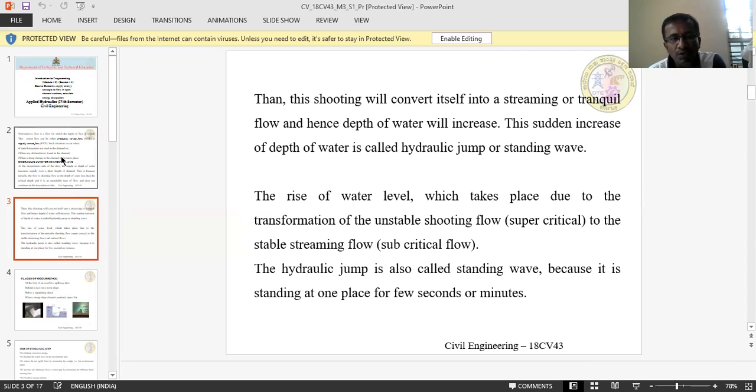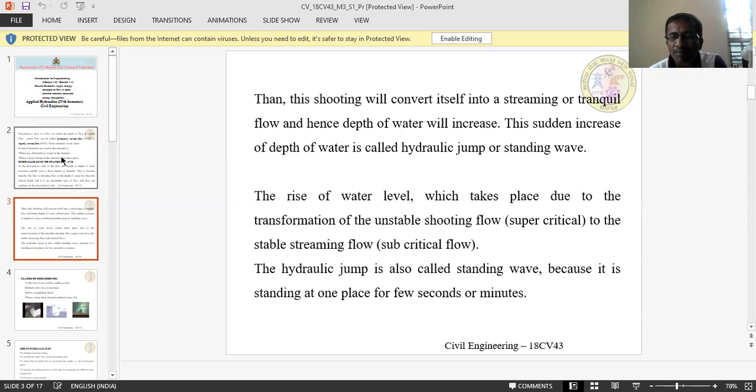Shooting to stable streaming flow means subcritical flow. So the hydraulic jump occurs only when the flow changes from supercritical flow to subcritical flow. Supercritical flow means that before the hydraulic jump the Froude number is greater than 1. Subcritical means that after the hydraulic jump the value of F is less than 1.